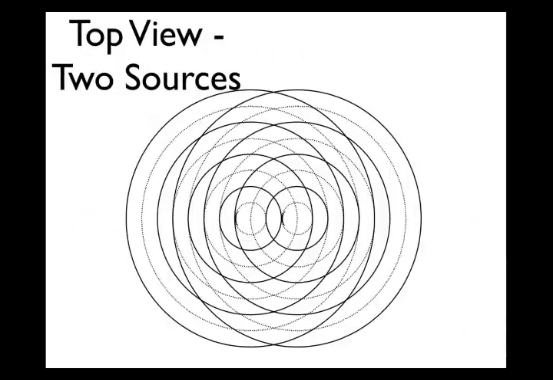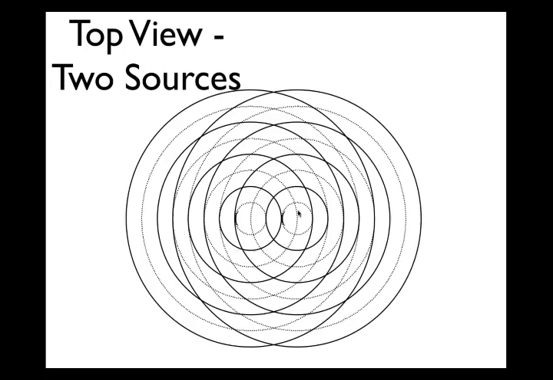One of the challenges of studying wave phenomena and light is, how do you draw a diagram of what you're seeing and make sense of it? Here is a diagram I've drawn to picture what you would see if you had two sources of waves, say two fingers tapping on the surface of a container of water.